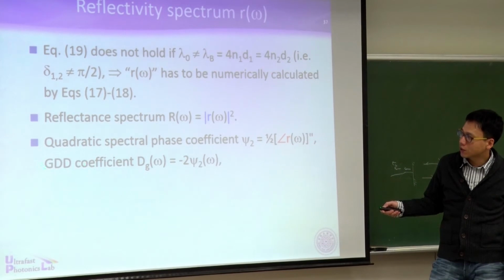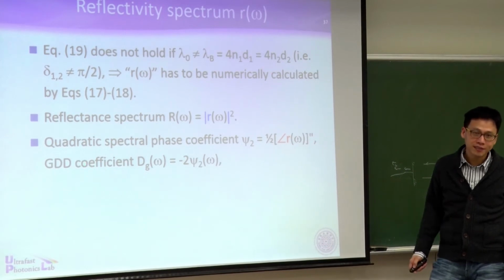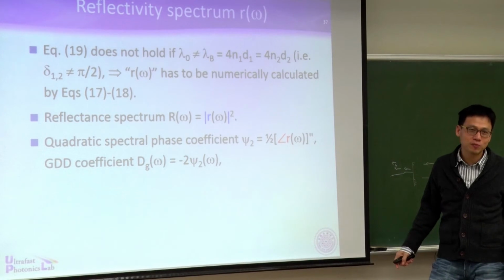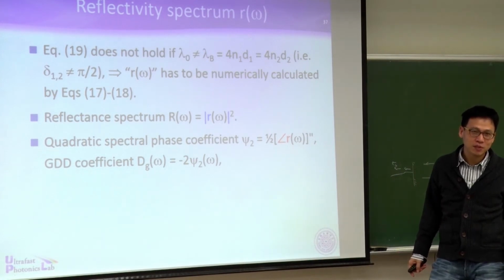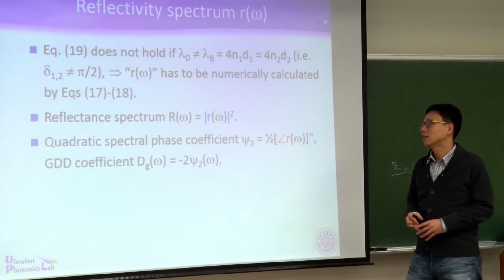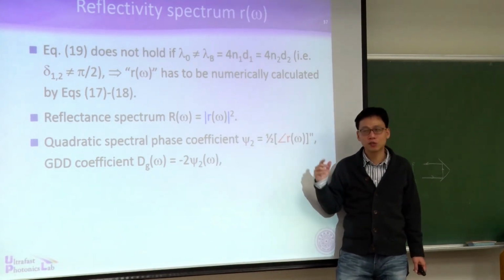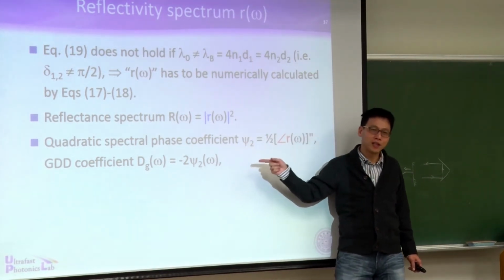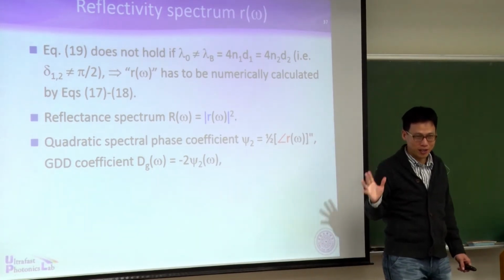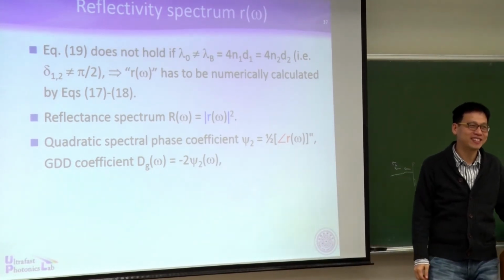And that is the GDD parameter, right? So now you know why we need to spend so much effort in the analysis of multilayer structure. Because the multilayer structure not only gives you a reflectance spectrum, but also gives you group delay dispersion spectrum, right?